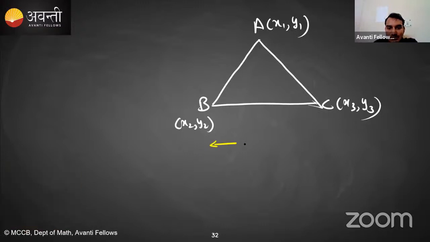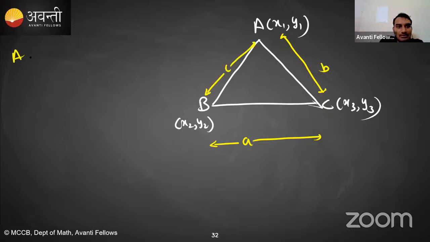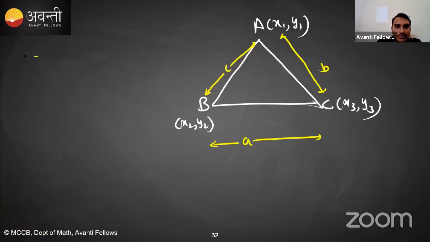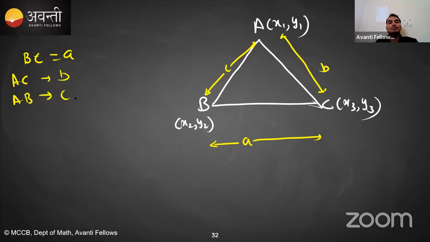Let's call the side lengths: BC side length is a, AC side length is b, and AB side length is c.